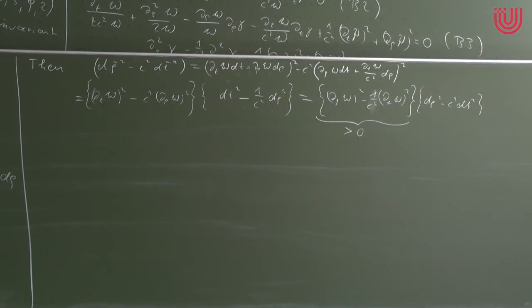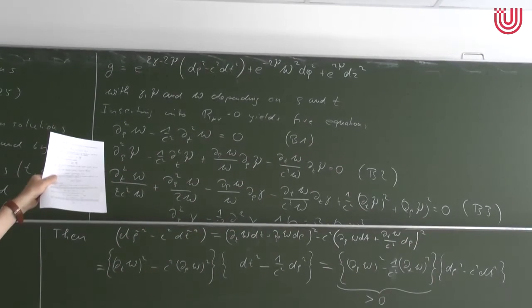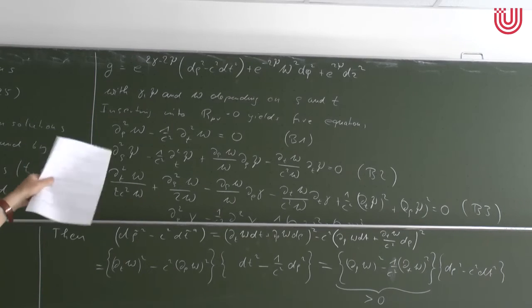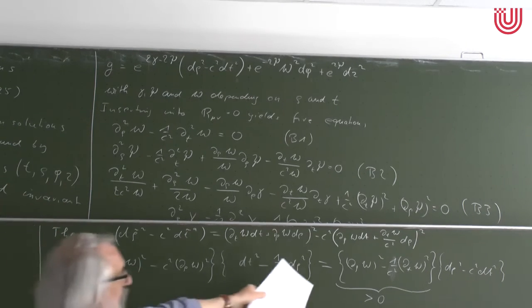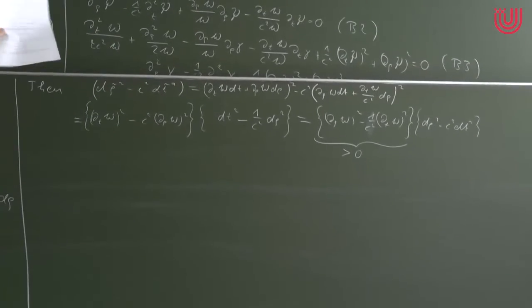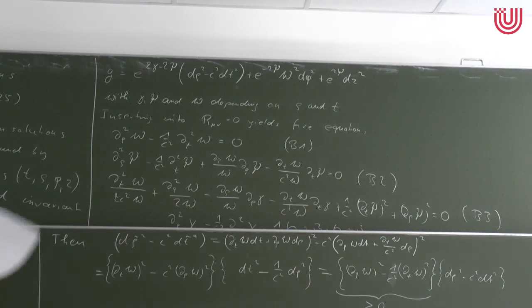So I want to replace in the first term d rho squared minus c squared dt squared with the twiddled expressions. Then, of course, I get this unwanted factor, but I can integrate this in the factor e to the 2 gamma minus 2 psi.